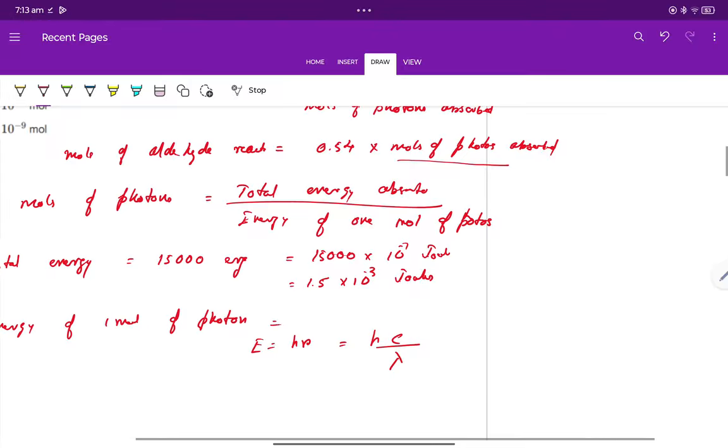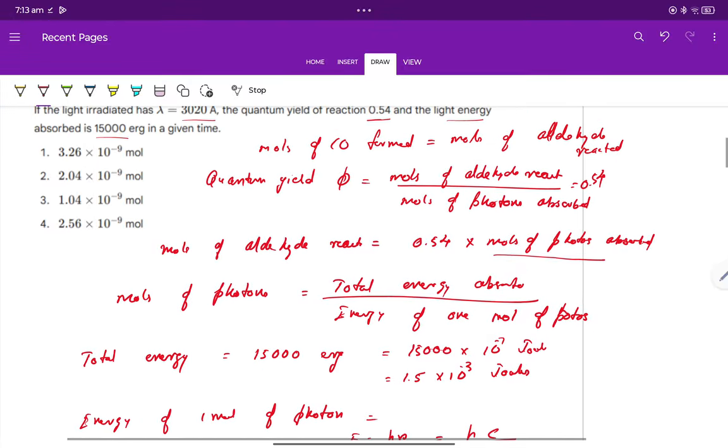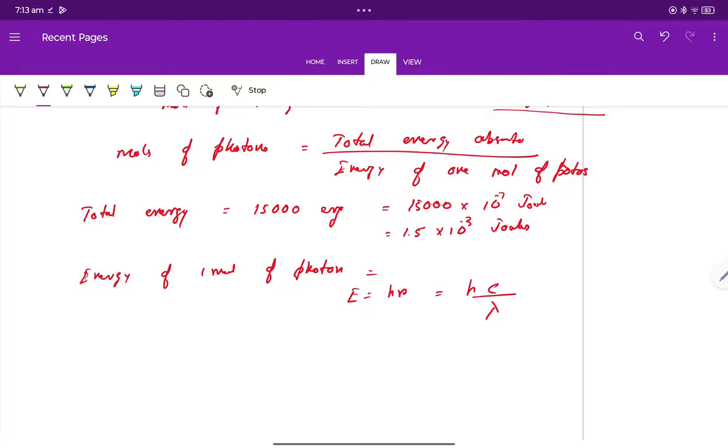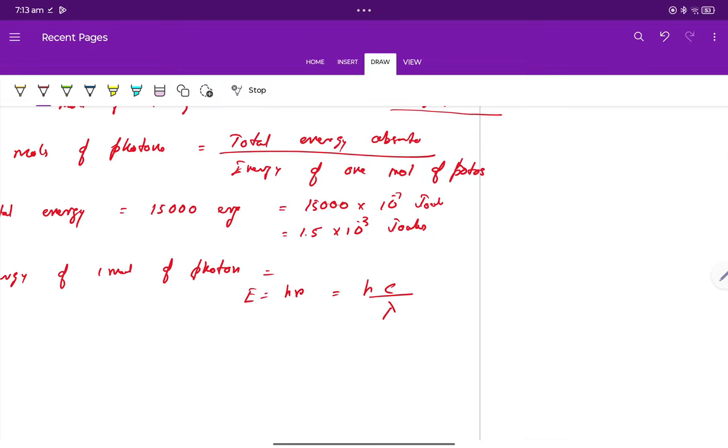Now let us substitute those values. h is Planck's constant, 6.626 into 10 to the power of minus 34, and the units are kg meter square second inverse.